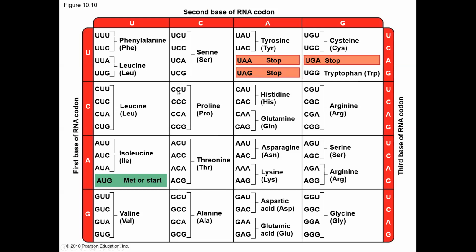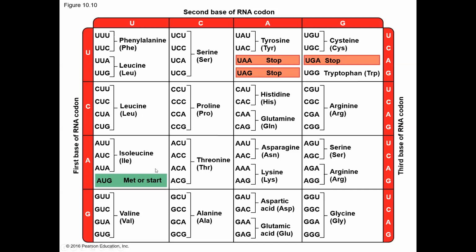If we had CCU, it would be proline, or PRO. If we had GGU down here, it would be glycine. So these are codons, because remember, codons are 3 nucleotides right here. These are codons, and those are going to code for these amino acids, and that's what you're seeing in here, right? So these are all amino acids.